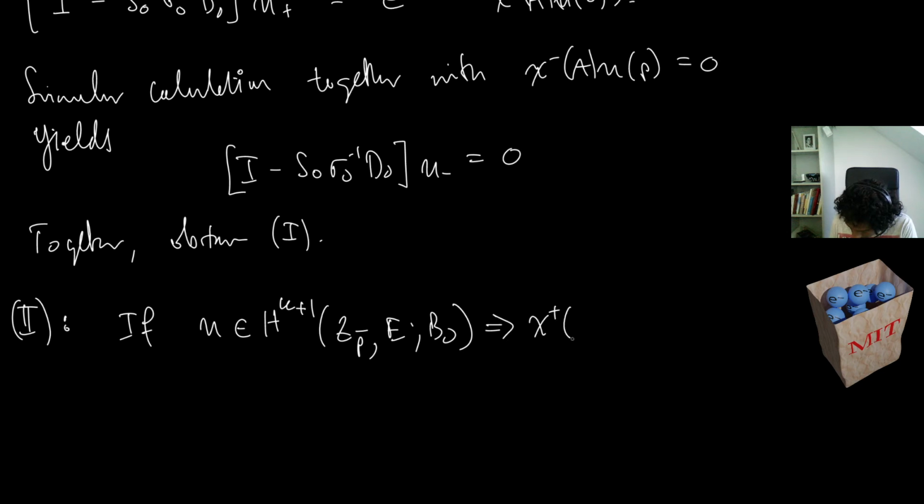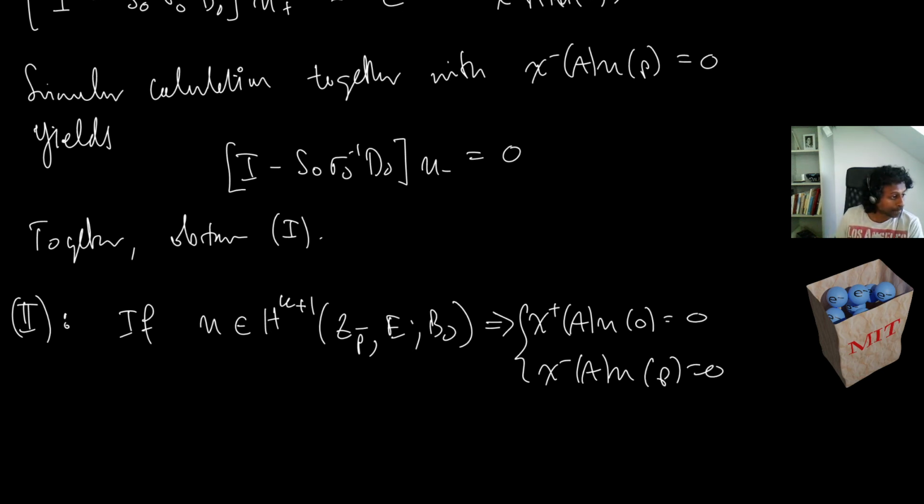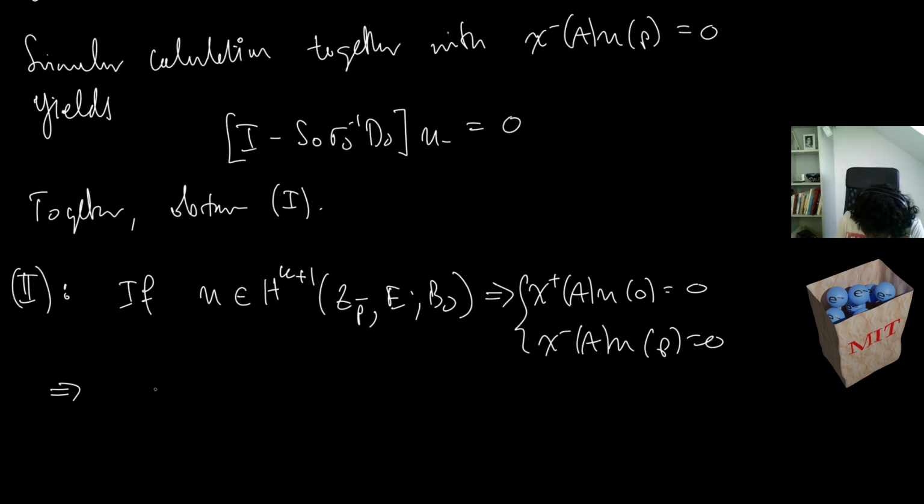We have χ₊(A(u)) = 0 and χ₋(A(u)) = 0 at ρ = 0. And then that tells us that u is equal to S_0 σ_0^{-1} D_0 u from 1.